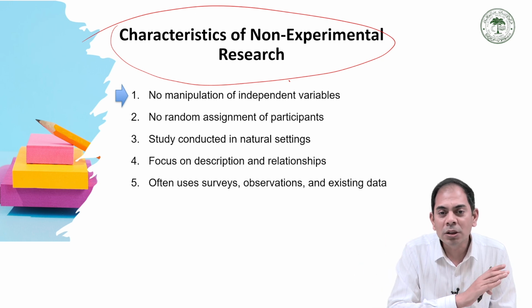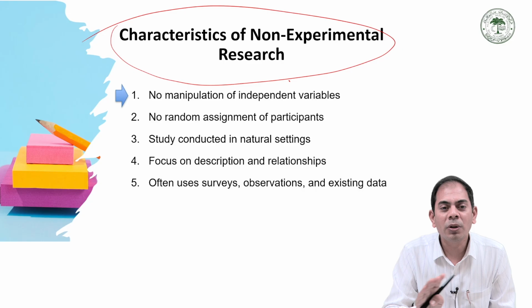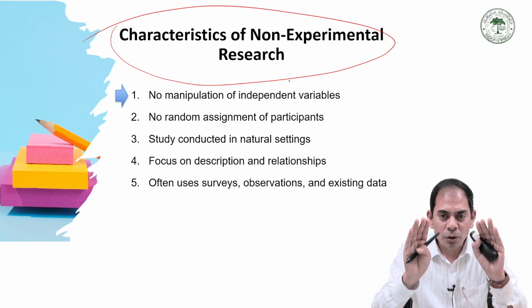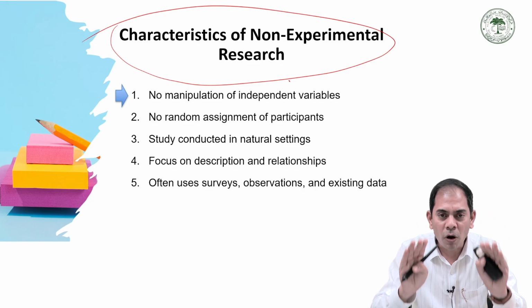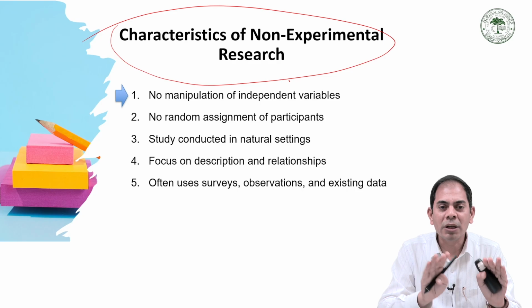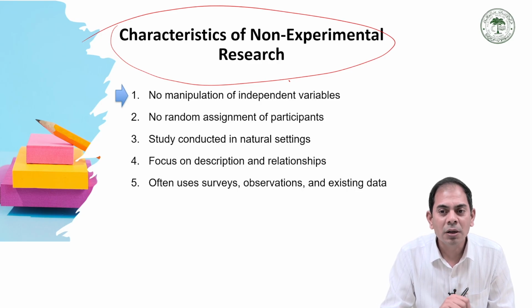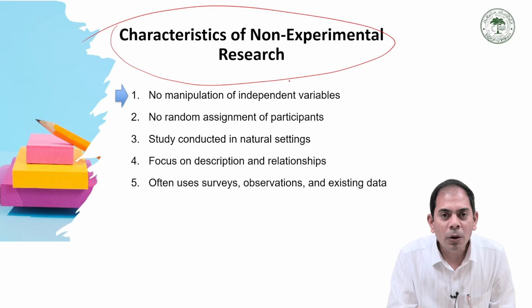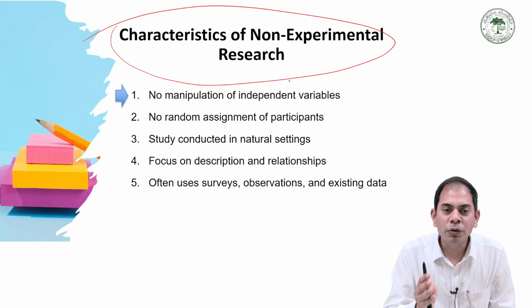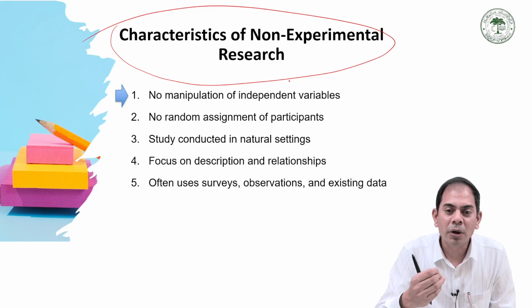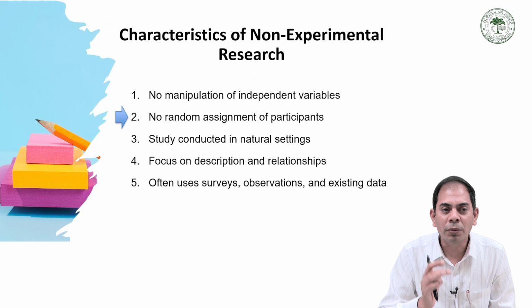This means the researcher does not change or control the variable; we just observe, watch, and record. For example, if we are studying the relationship between exercise and fitness, we simply observe students' exercise habits. We do not force them to do more exercise or less exercise. We just observe and record the information.